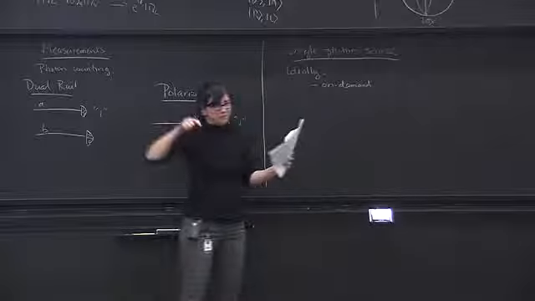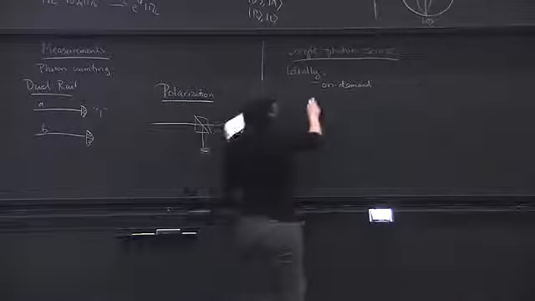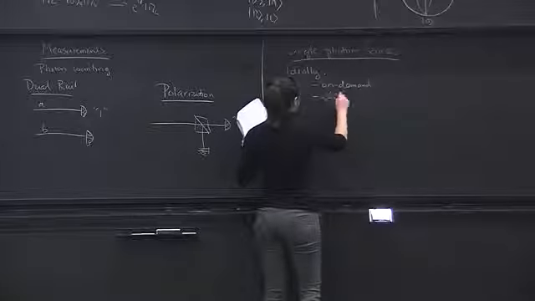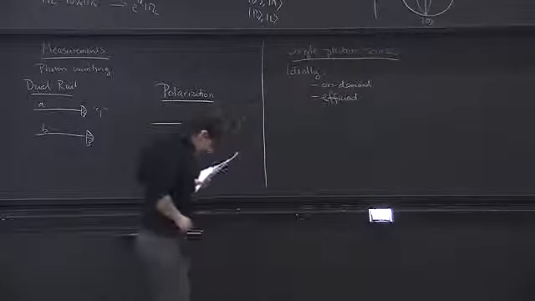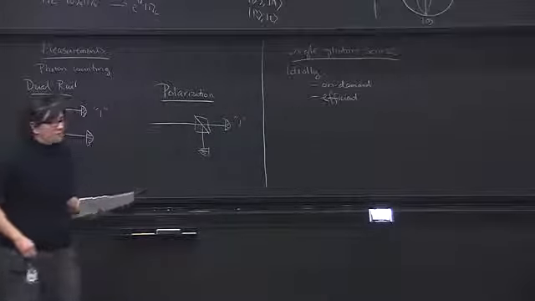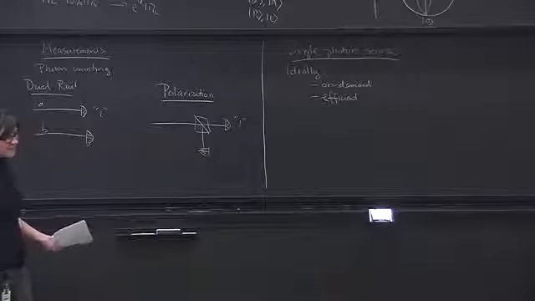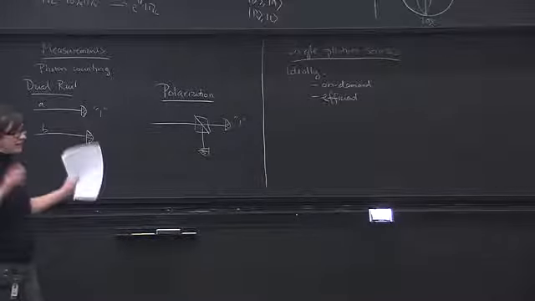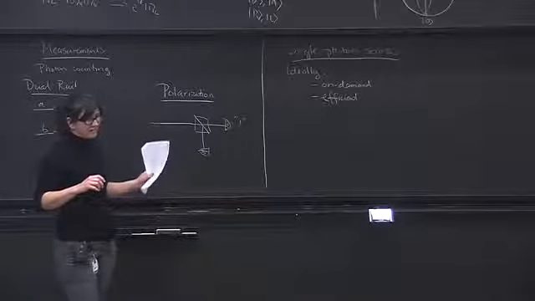It'd be great if you could just press a button and have a photon come out. We want it to be efficient, meaning that it comes out when we tell it to.